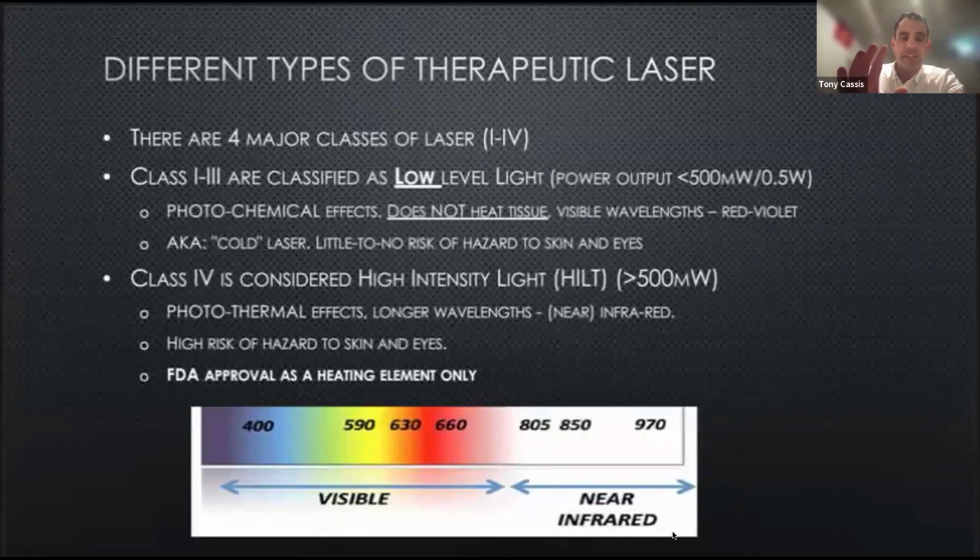That's really important, because the wavelength is what pertains to energy, and we'll get into that later on. But it's really important to know the visible light spectrum, and when you're looking at whatever laser you've got, you want something in the visible light spectrum of about 400 to 760, as opposed to near infrared, and we'll see why shortly.